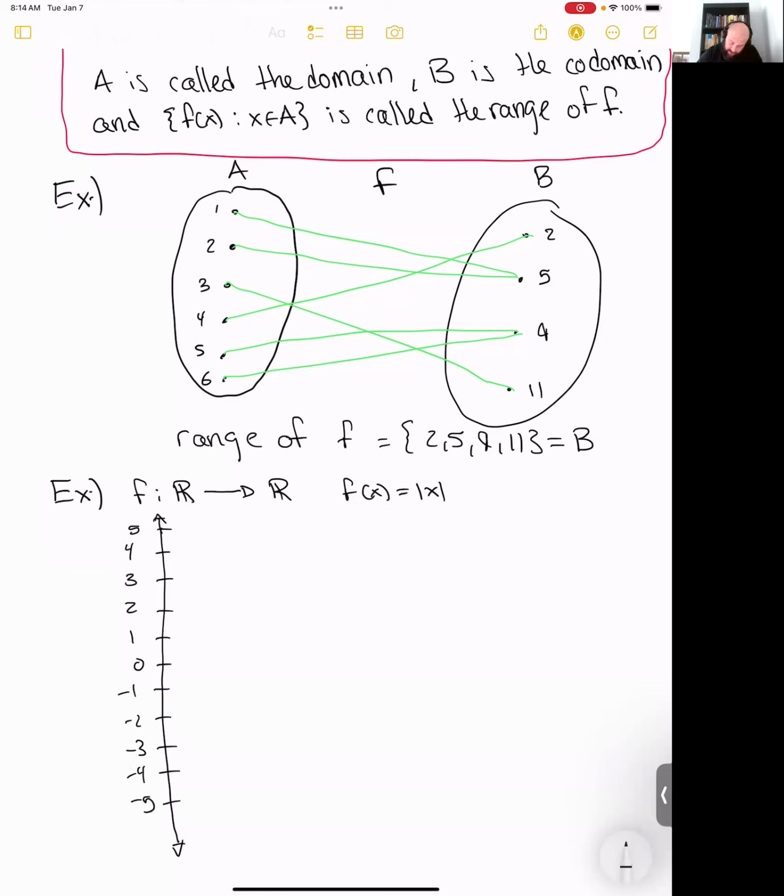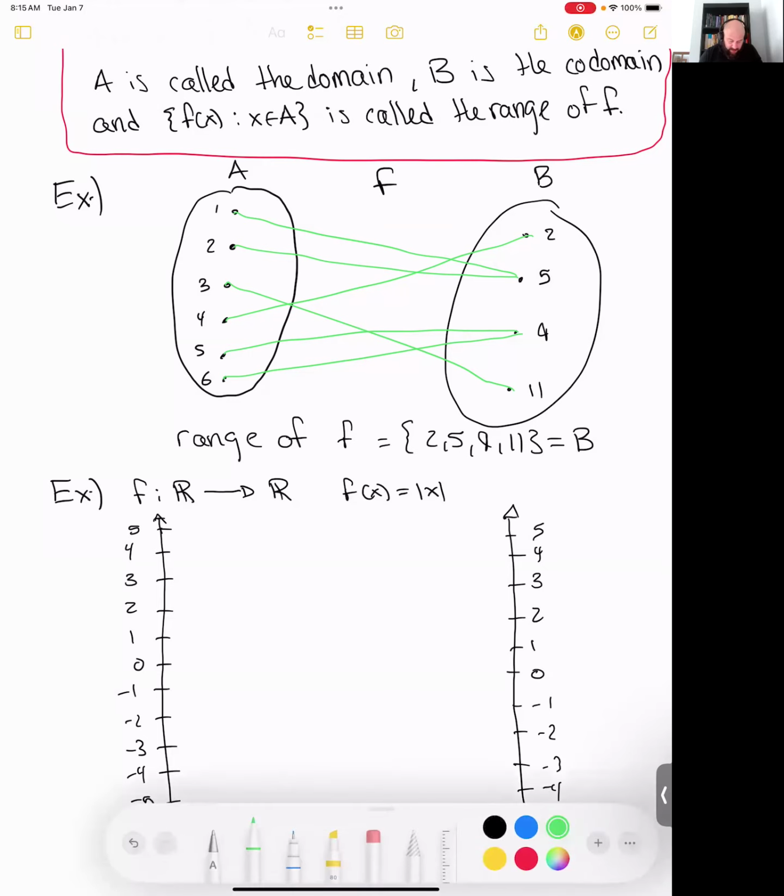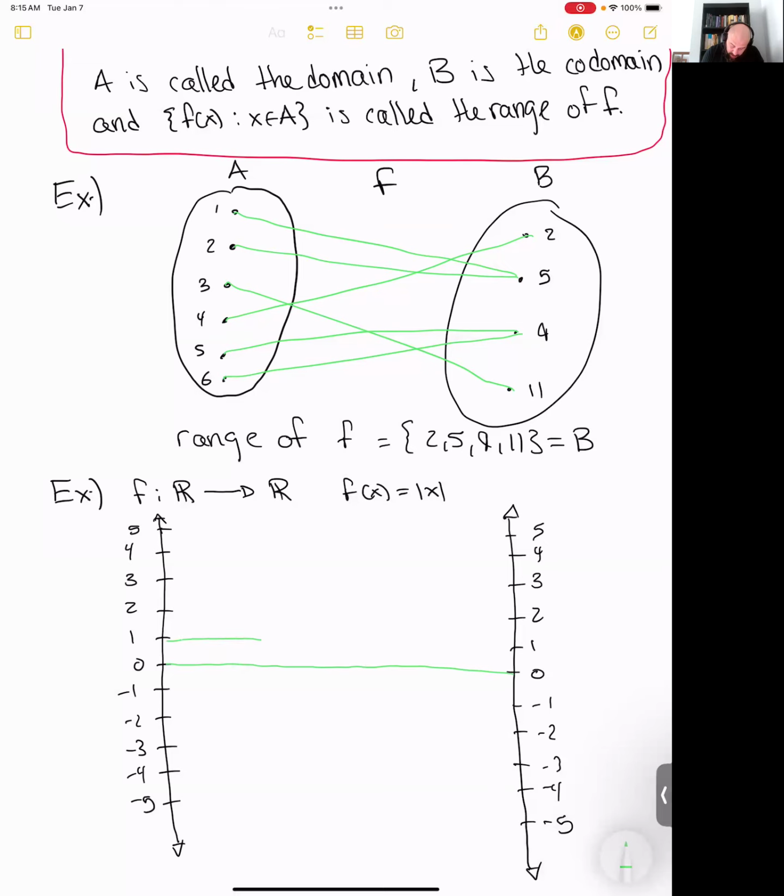And then on the other side, the codomain is the same thing. Okay, and the way that we can draw this function now is, again, we want to say, well, 0 goes to 0, 1 goes to 1.